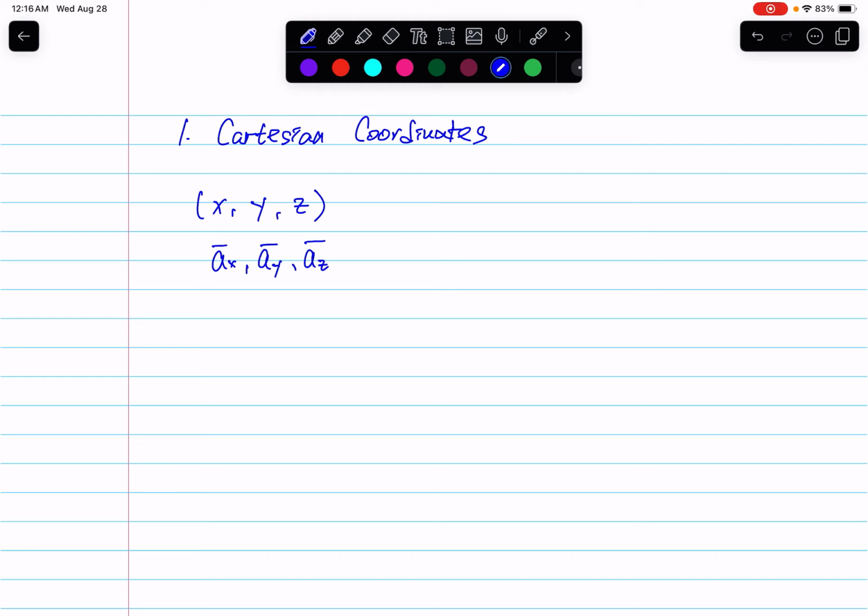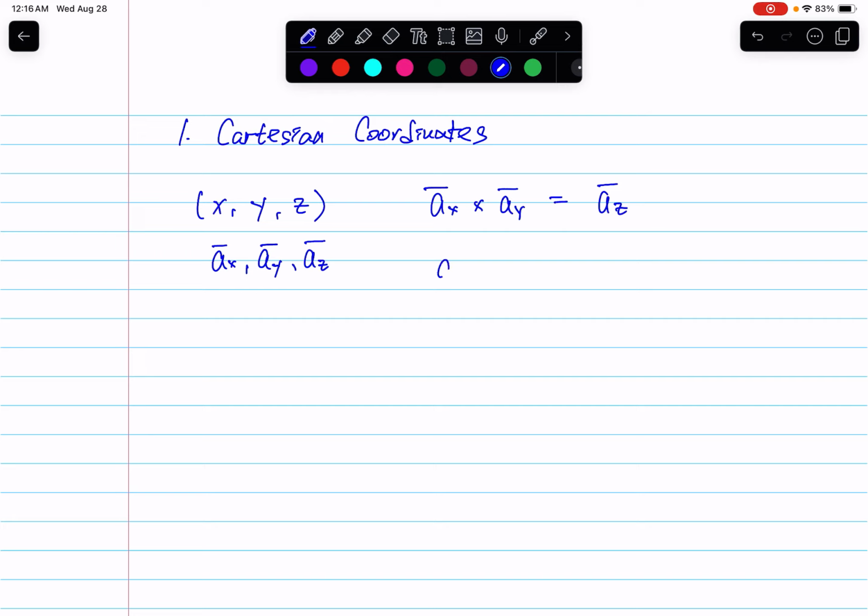Because they are all orthogonal, the properties that we discussed just earlier apply. So if we do a cross product of AX and AY, that leads to AZ.